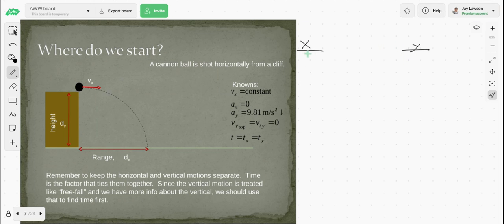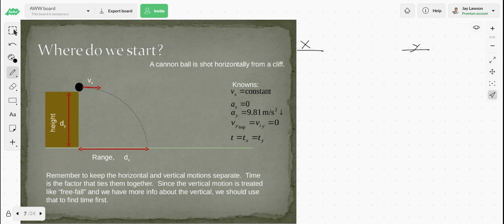I put everything I know about the X direction over here and everything I know about the Y direction, or the vertical direction, over here. And that's where I work my problems, because I don't want to get all these things confused and mixed up, and X's and Y's and all these different velocities and accelerations, because we're going to have a lot of numbers to be messing with here, and we don't want to get them confused and mixed up with one another. So be sure to separate it.